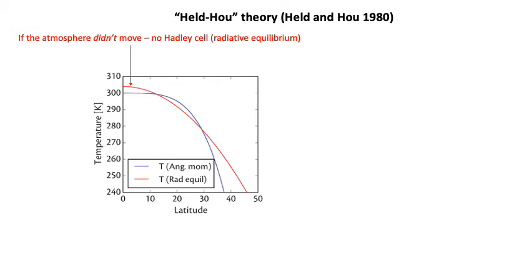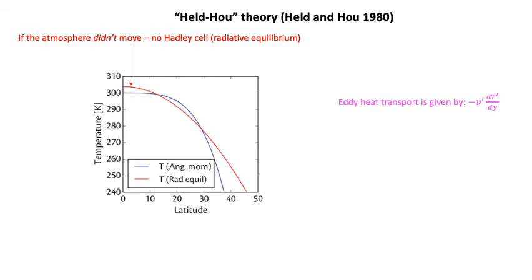Going back to the beginning of the semester, if we didn't have a Hadley cell, meaning you had no horizontal motion, just radiative equilibrium, what would the average temperature look like? That's what the red line shows, and exactly what this form is is still debated. But this is what Held and Hou came up with. And so there's a difference between the two curves, so let's talk about that.